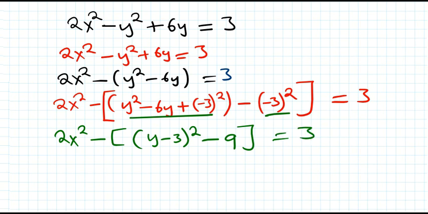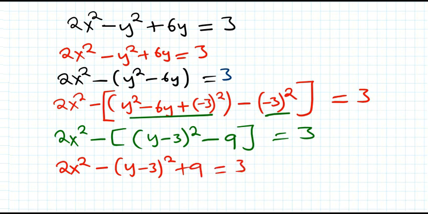That's basic completing the square. Okay, and then we have 2x squared, distribute the negative, we're going to have minus y minus 3 squared, and then plus a 9 equal to 3. So we have 2x squared minus y minus 3 squared, and then is equal to 3 minus 9.